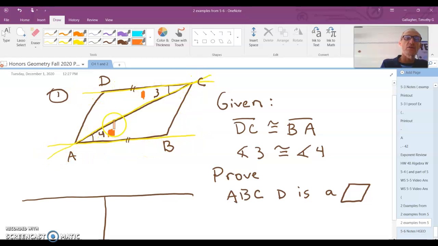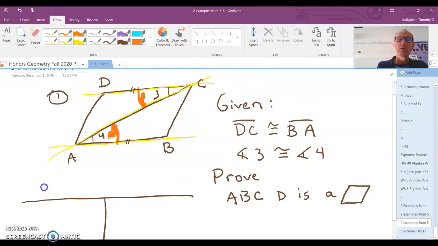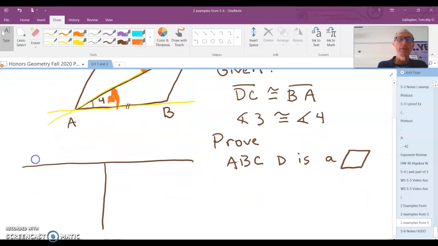Angle 4 touches the transversal in the line, and angle 3 touches the transversal in the line. So if angle 3 and angle 4 are equal, then AB and DC are parallel. And if one pair of opposite sides, DC and AB, are congruent and parallel, that's how we prove it's a parallelogram.